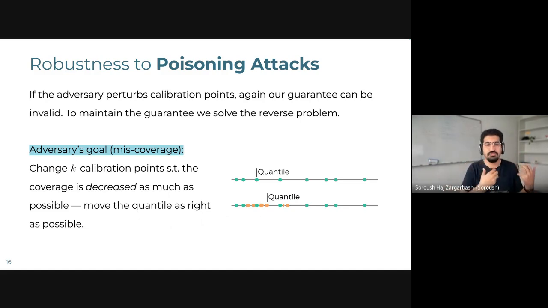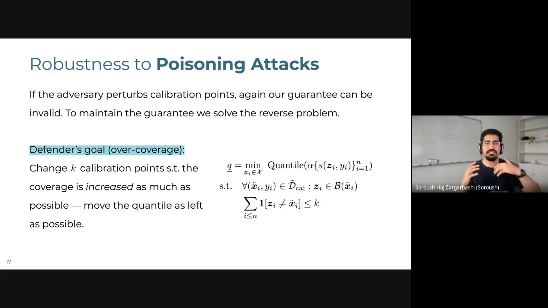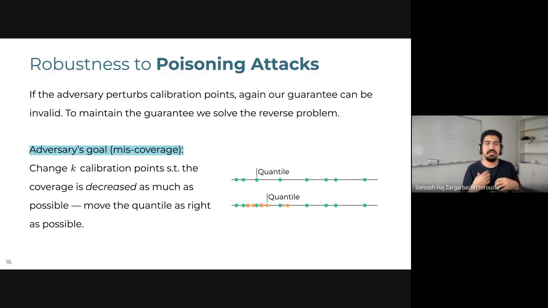This is basically what I do as an adversary. And now as a defender, what I do is the exact opposite problem. So I try to minimize this quantile by solving this problem. I try to minimize this quantile in such a way that, again, if an adversary tries to perturb anything, whatever they do, I still remain before this quantile. So I still remain before the vanilla quantile. So here I assume that the adversary can change at most k calibration points.